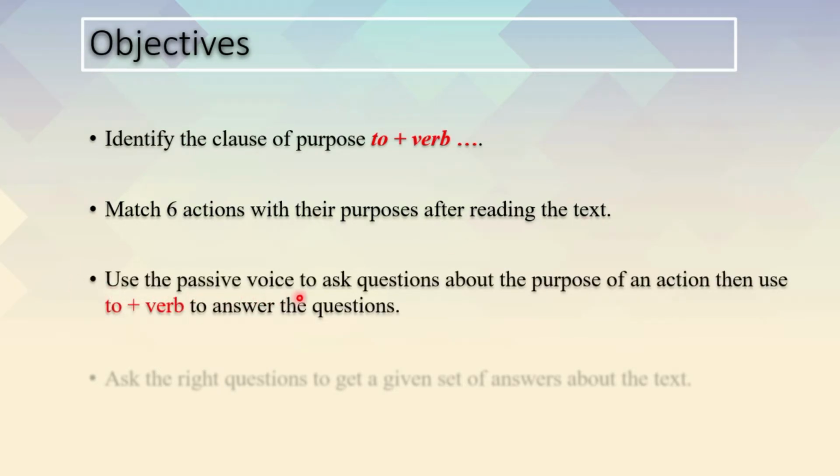Use the passive voice to ask questions about the purpose of an action, then use to plus verb to answer the questions. Number 4. Ask the right questions to get a given set of answers about the text.